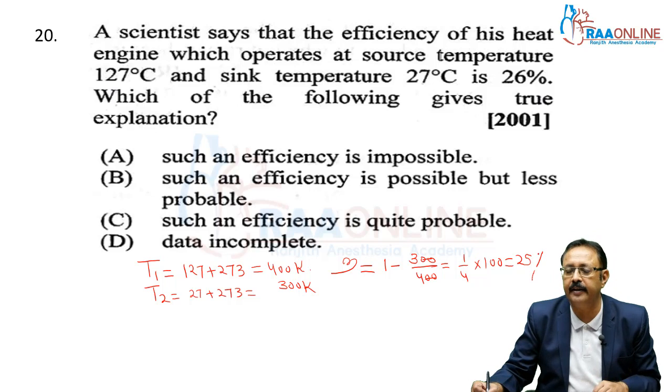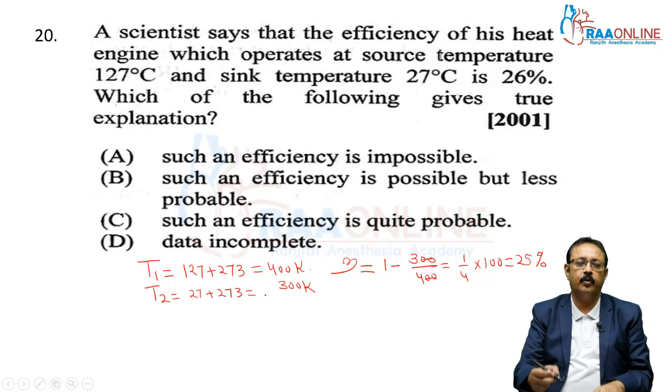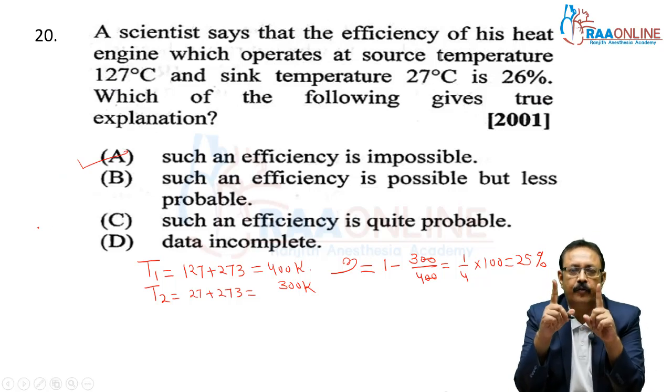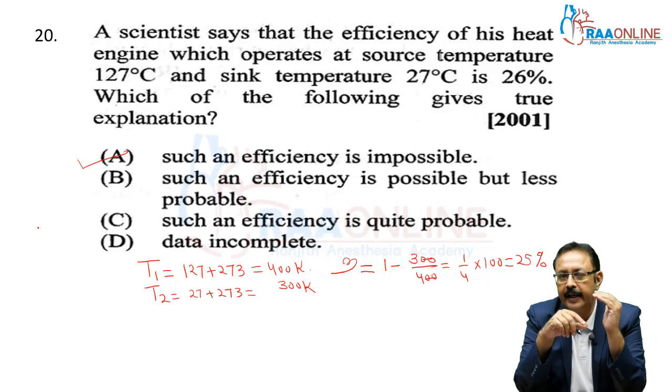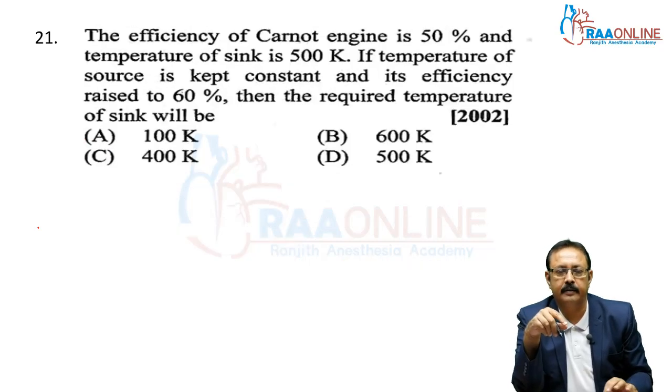So any real heat engine cannot cross it; it is quite impossible. So we are going with A. For any real engine, efficiency should be less than 25%. So we will take A.